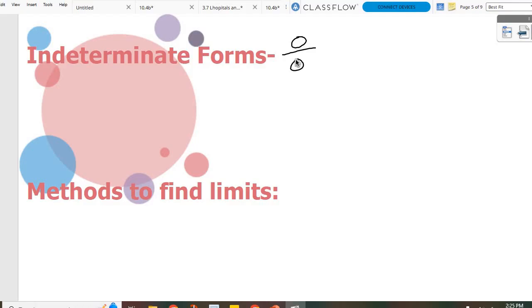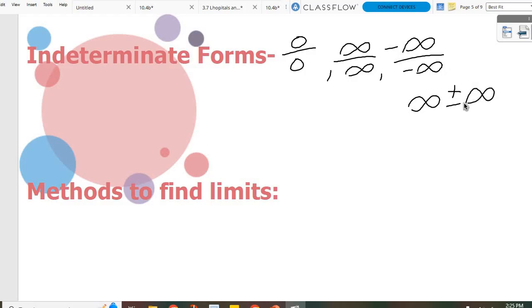But if I have 0 on top and bottom, we can't determine what that is. Those tend to be our main three. Technically, infinity plus or minus infinity is another one. We don't see that one quite as often, but it is still an indeterminate form.